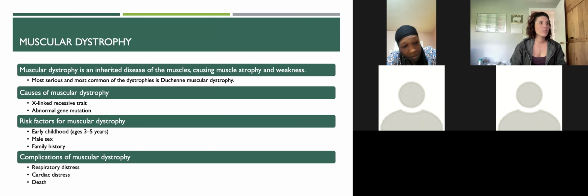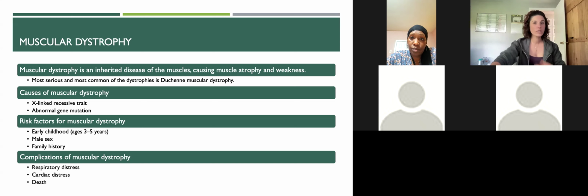It's predominantly found in males in early childhood, so somewhere between 3 and 5, and typically gets passed through the family. So if one male child has it, the others are going to be at high risk for it. Complications of that progressive muscle weakness, we get respiratory distress, cardiac distress, and then it eventually leads to death.